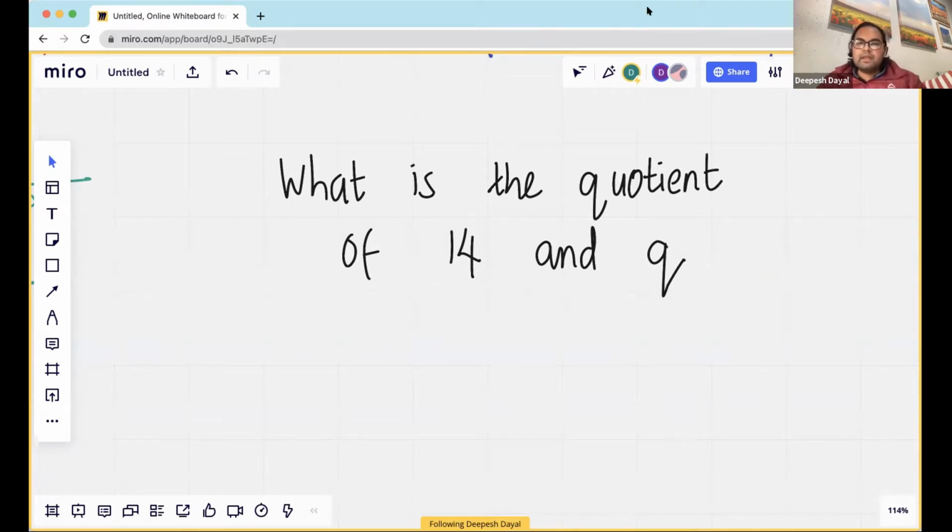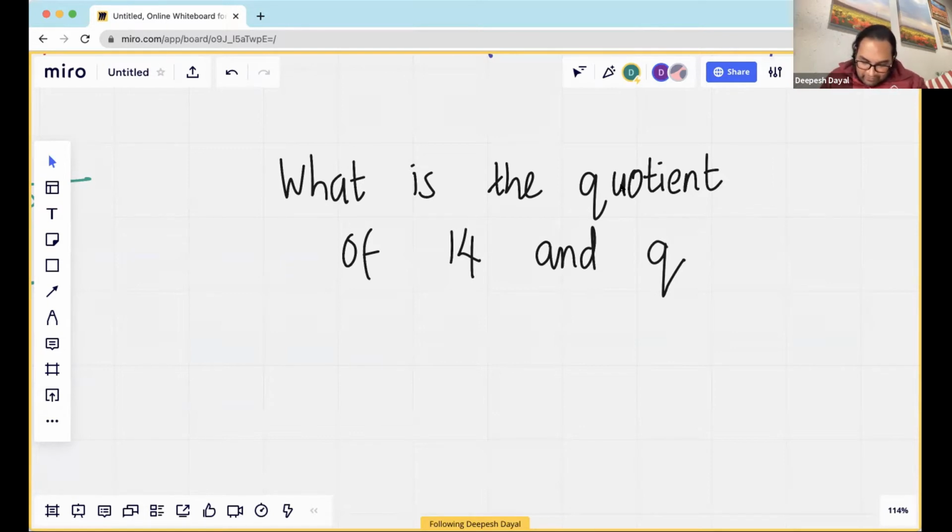Let's see what others are saying. 14 over Q, yes. 14 over Q, great. That's right. And some of you have a capital letter Q. Just remember to stick to what they give you, because it's a small q, right?